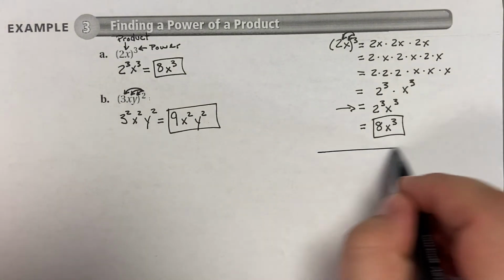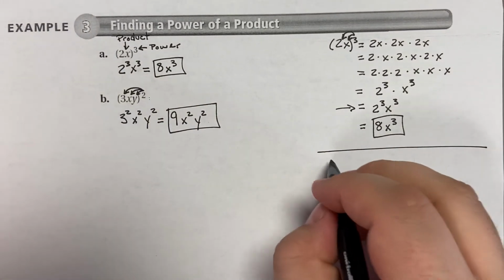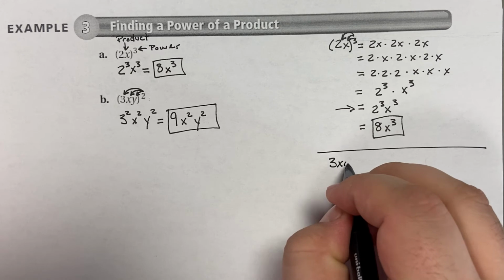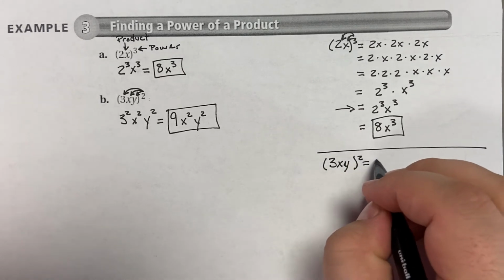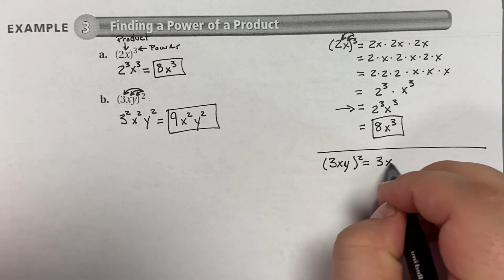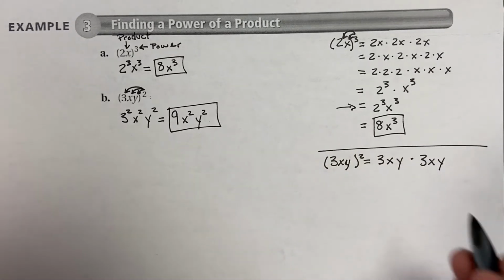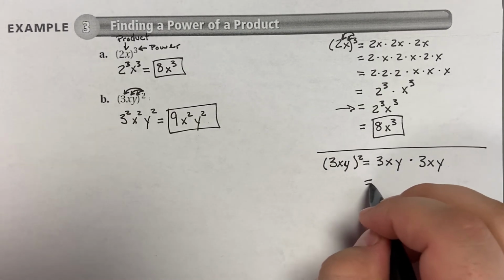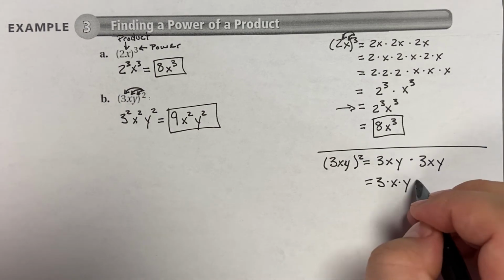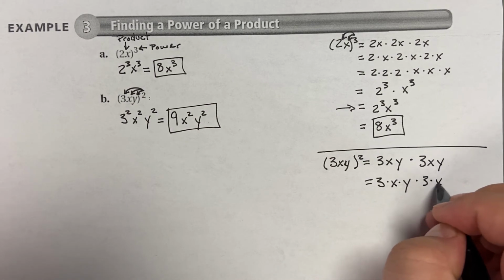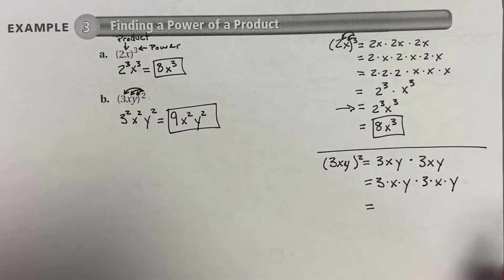As a matter of fact, I will take a minute or two to go ahead and write out that this 3xy squared is the same thing as 3xy times 3xy. Then that's the same thing as 3 times x times y times 3 times x times y. Rearrange it so all my bases are together.